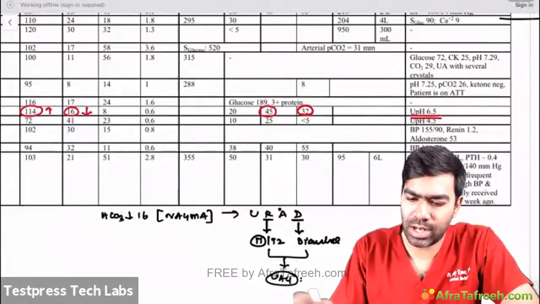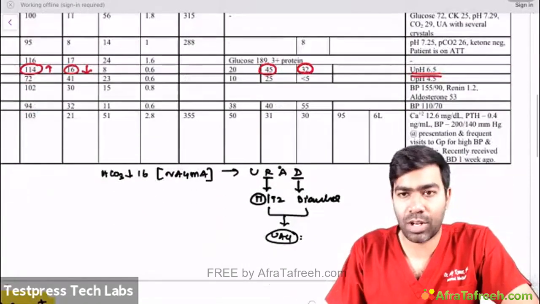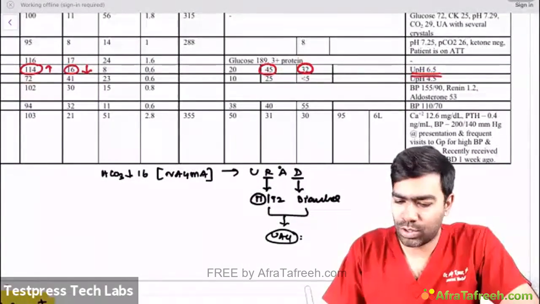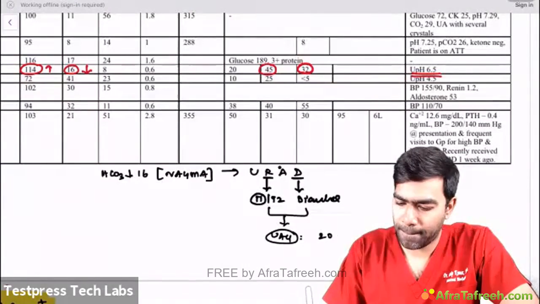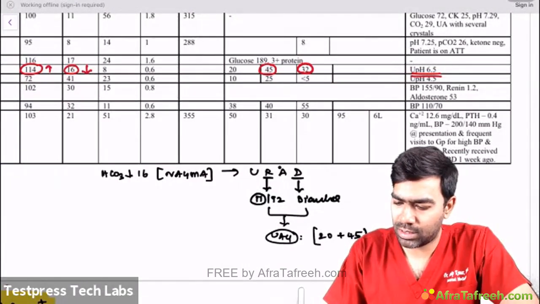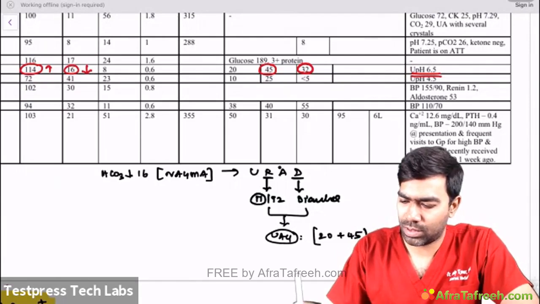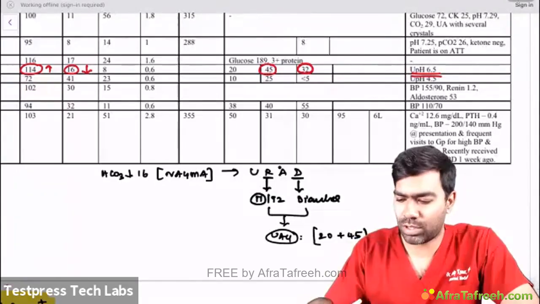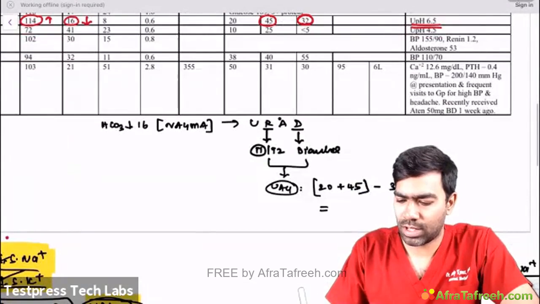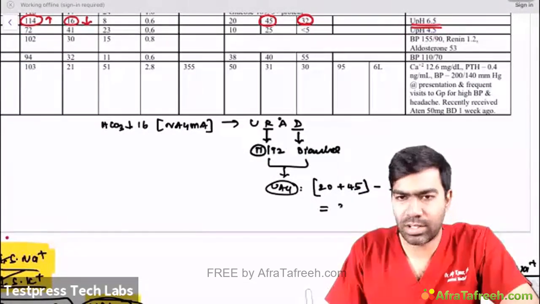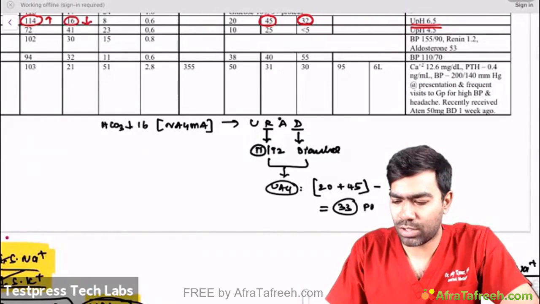So somebody tell me the urinary anion gap. So urine sodium is 20 plus urinary potassium is 45 minus 32. So is the urinary anion gap positive or negative? That's the question. So 65 minus 32, it is 33. So it is a positive urinary anion gap.